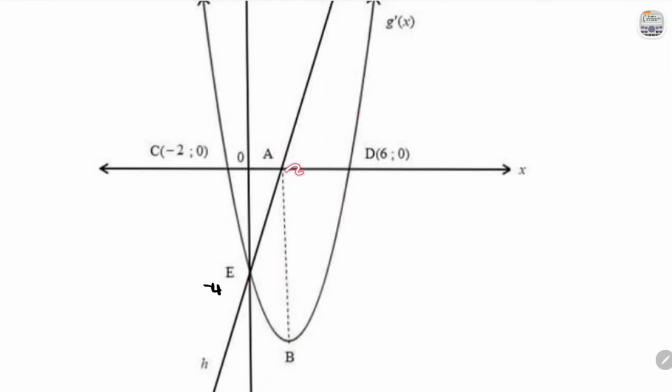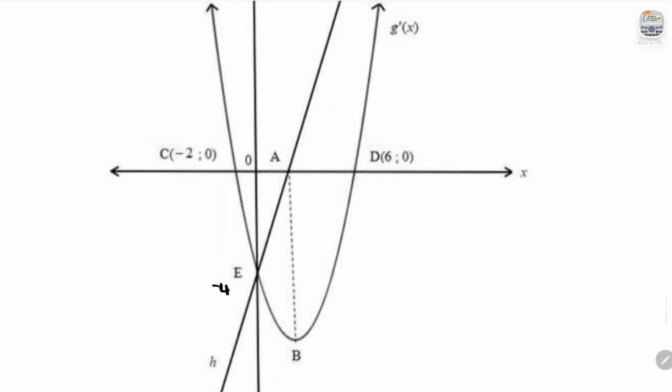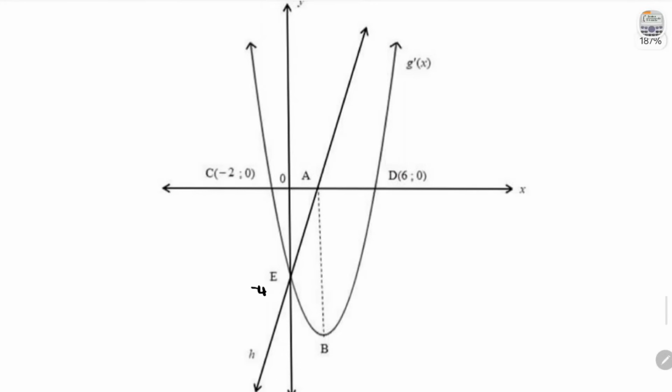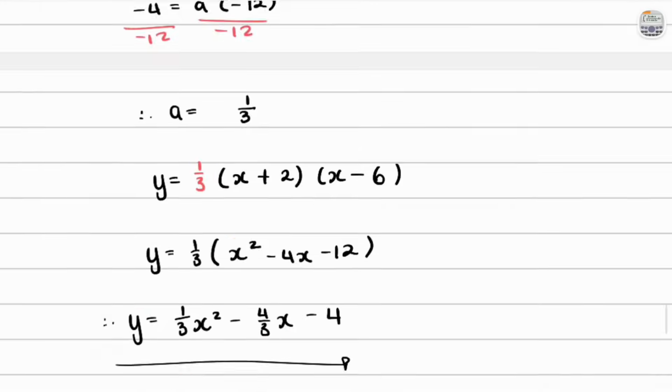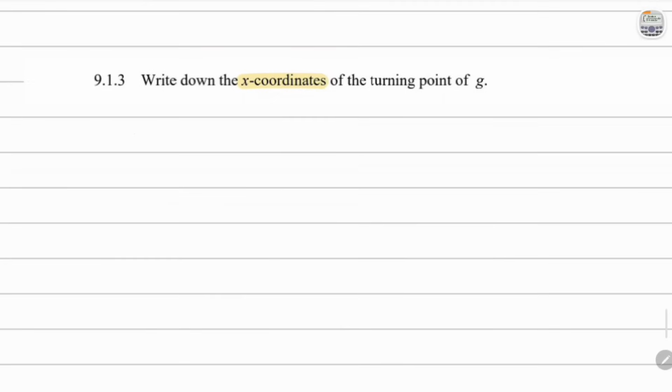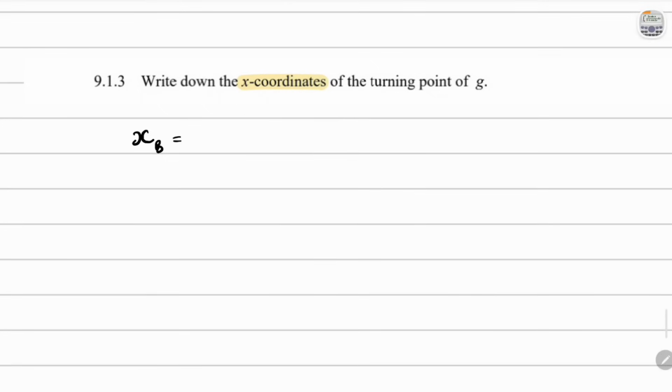And so this would serve as the midpoint of these two x-intercepts. So we can find that using the formula for midpoint, but specifically just the x-coordinates. So we'll say that to find x of that point B, it's equal to x1 plus x2 over 2.